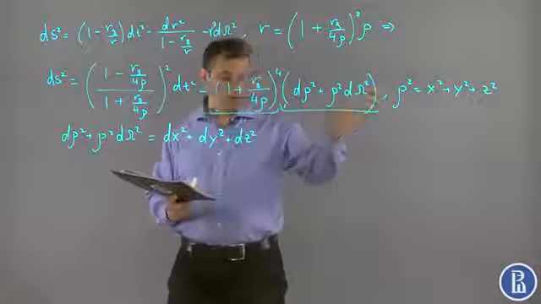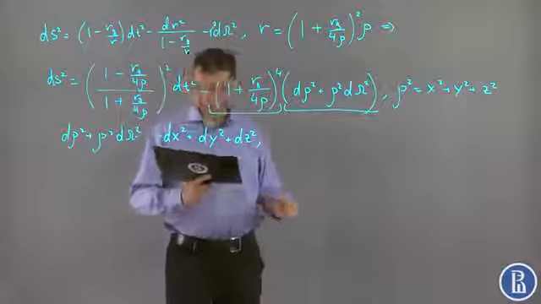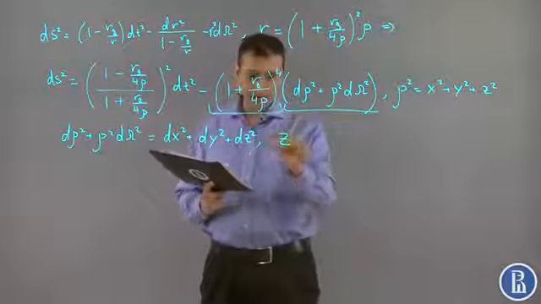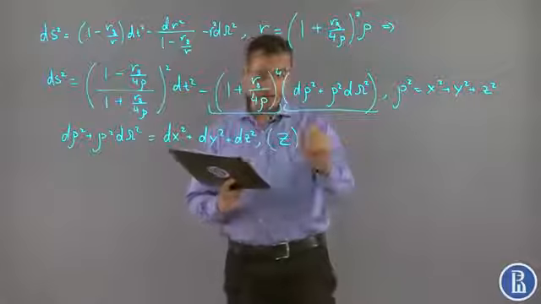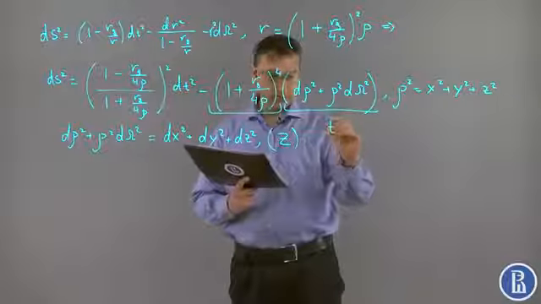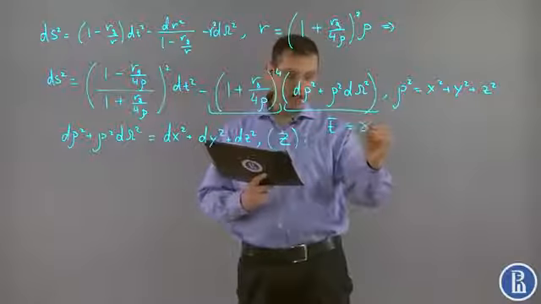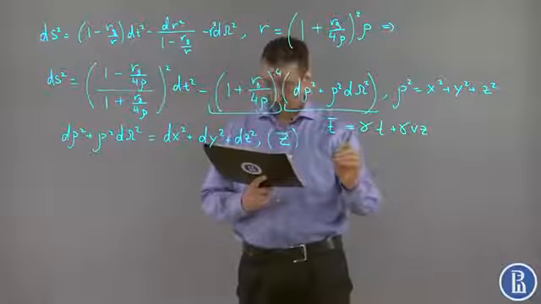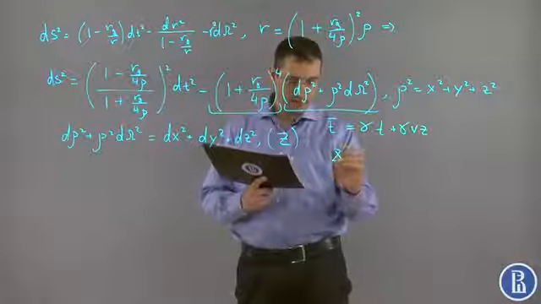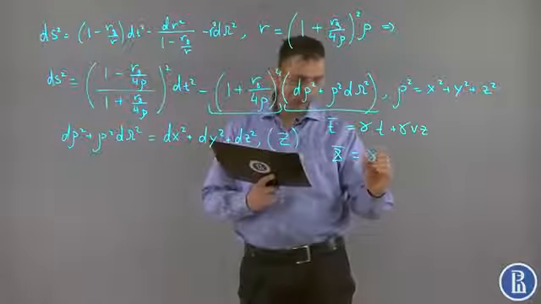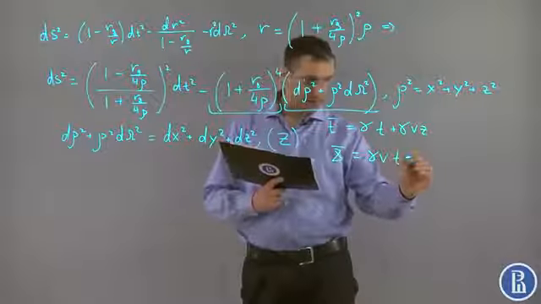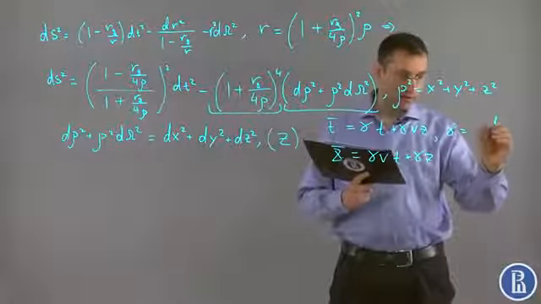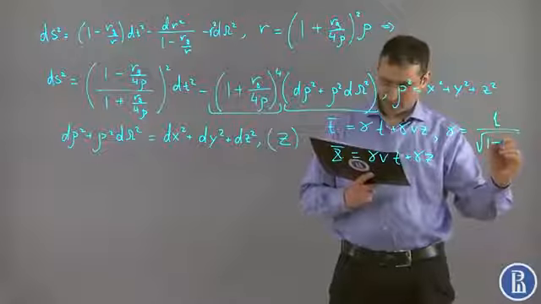Now, once we made this transformation, we can make a Lorentzian boost along the z direction. So make the following transformation: t bar is gamma t plus gamma v z, and z bar is equal to gamma v t plus gamma z, where gamma is 1 over the square root of 1 minus v squared.